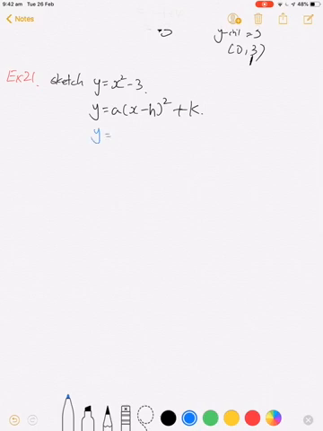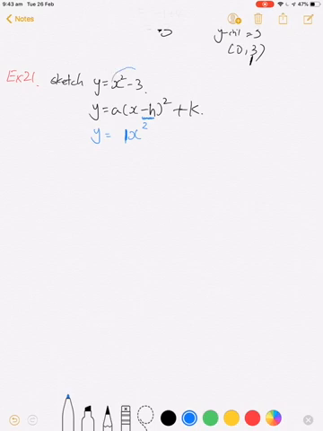Y equal to x squared. Okay, so now we know for y equal to x squared, the number in front of x squared is actually a 1. Okay, so now we can leave that 1 over here, and in your turning point form, there is x minus h within a bracket.